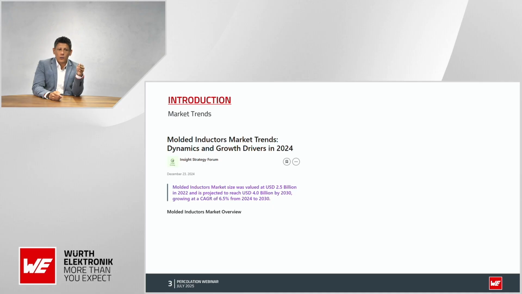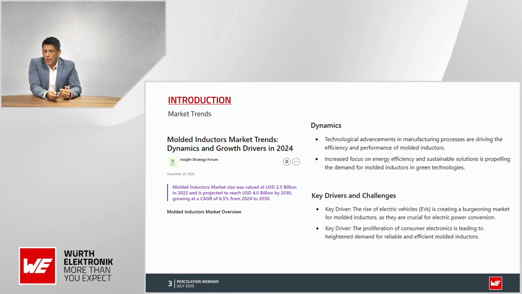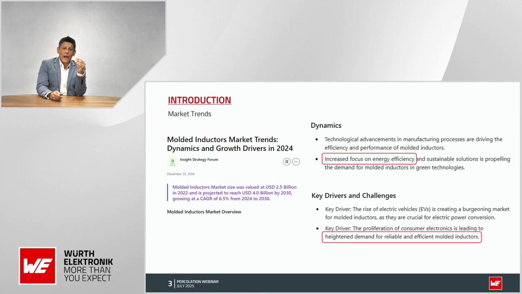But why? What is that trend? The dynamics go in the direction of new technologies, for example GaN technologies and the new families of SiC, but also the influence of automotive. But the increase of efficiency and the high demand for reliability of molded power inductors is an open question for us.